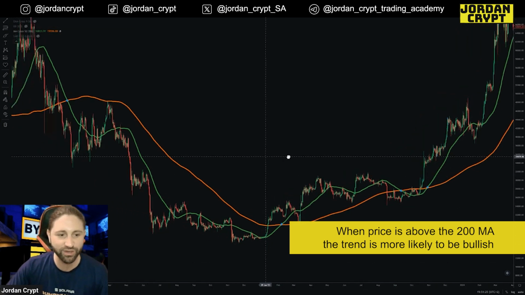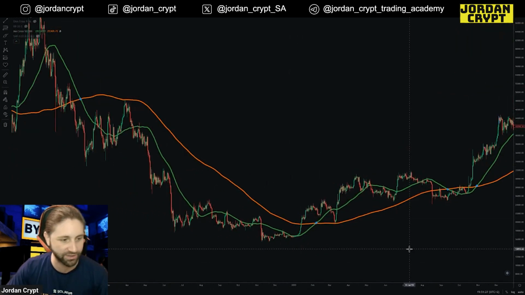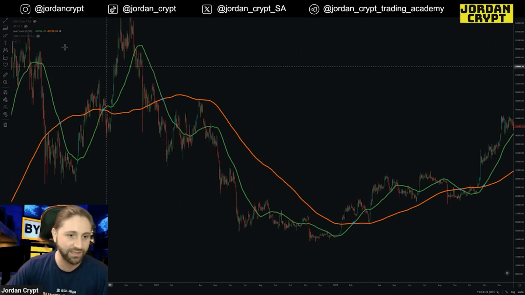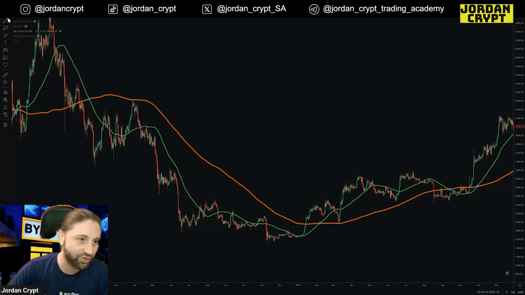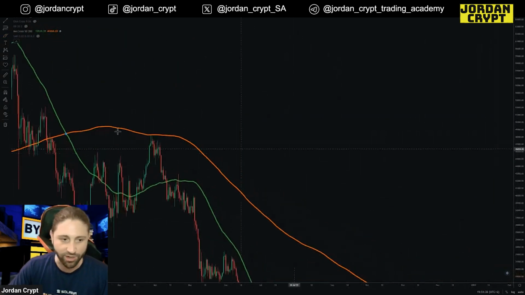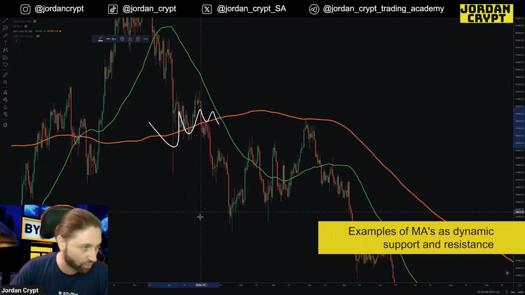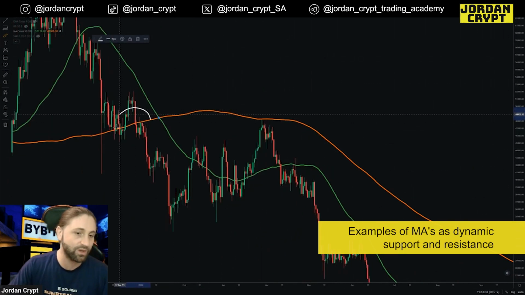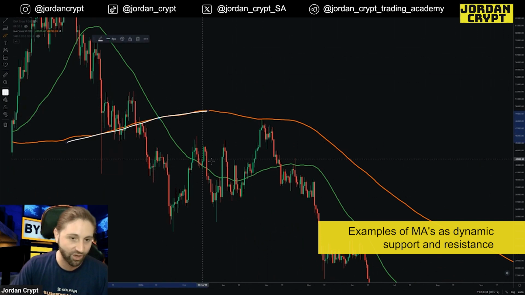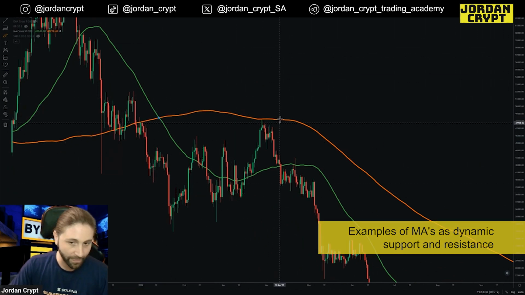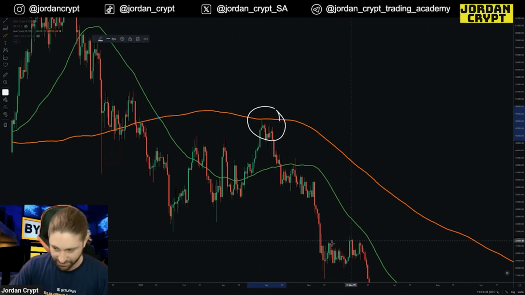This is extremely important dynamic support and resistance that really nothing else on the charts can tell you, right? We can see here how price literally sat on this long-term moving average right here as support. As soon as we broke the support of this long-term moving average, it flipped into resistance.